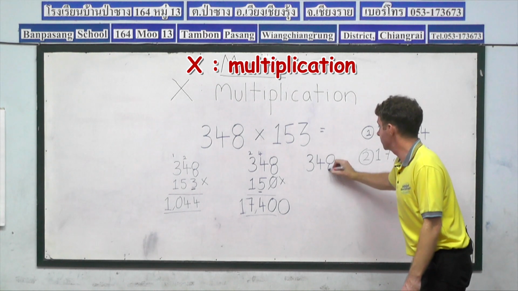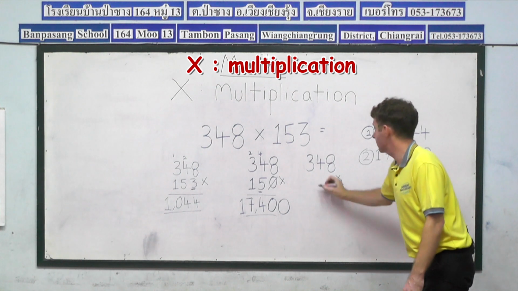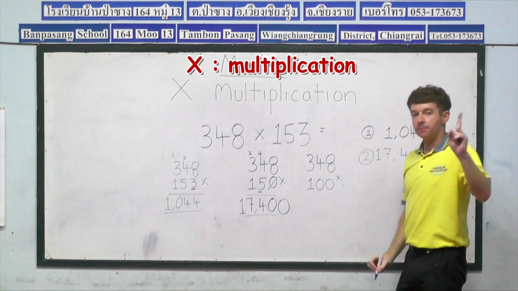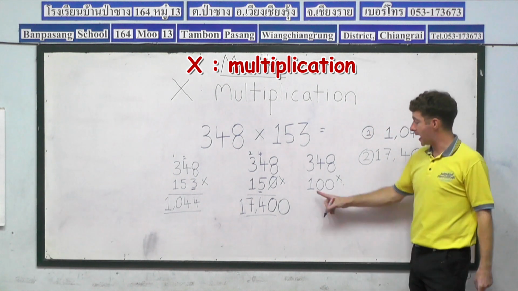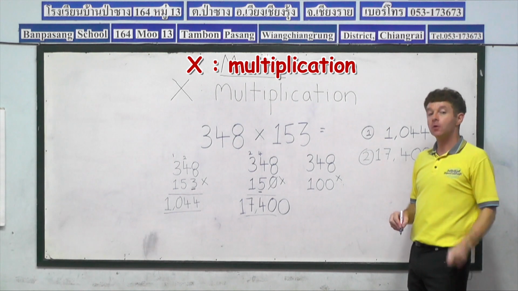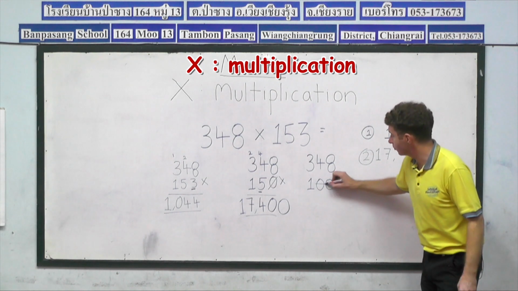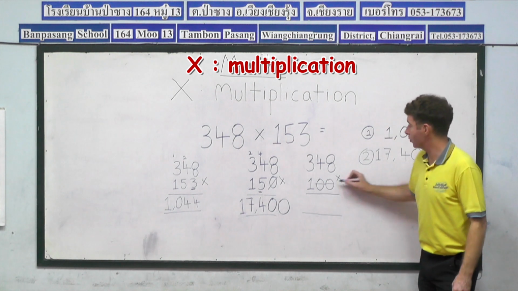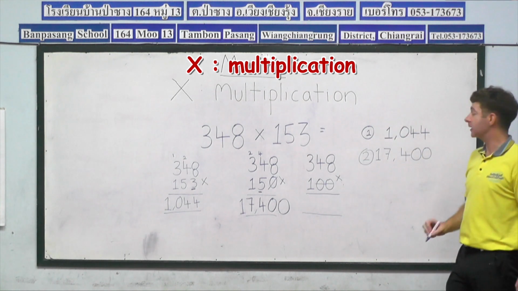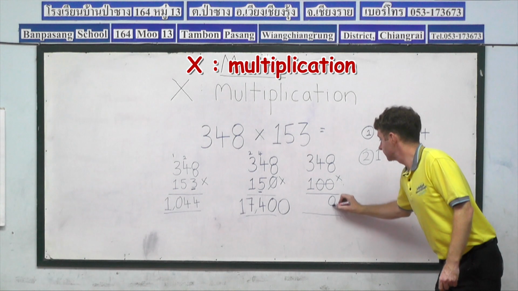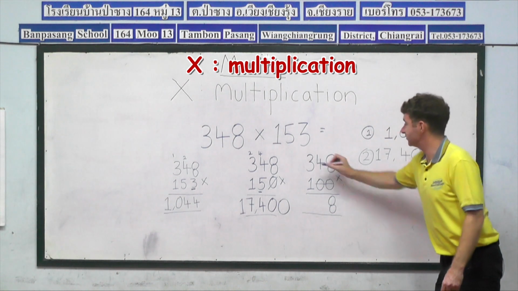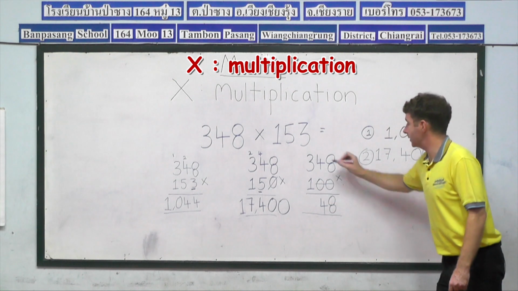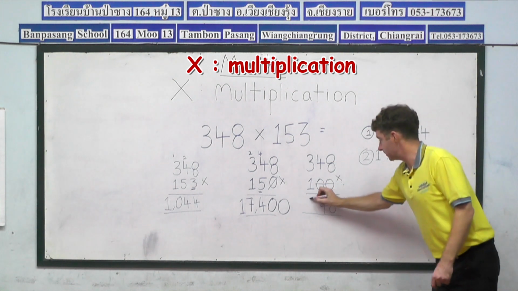So now, 348 multiplied by 100. Now, thing to notice here, how many zeros do you see? So we need to remove 2 zeros. And then 1 times 8 equals 8. 1 times 4 equals 4. 1 times 3, 3.